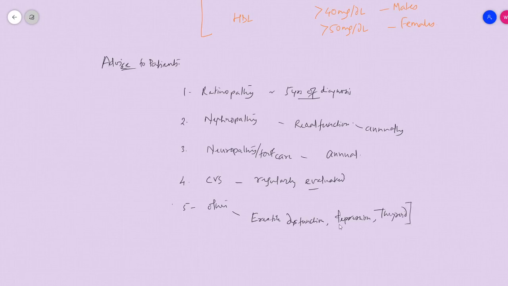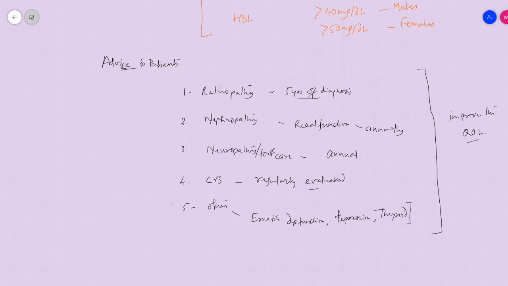So this also needs to be evaluated. From all these things, what we understand is the aim is not only reducing the biochemical parameters, it is also to improve the quality of life of the patient. So that is another goal of the overall therapy.